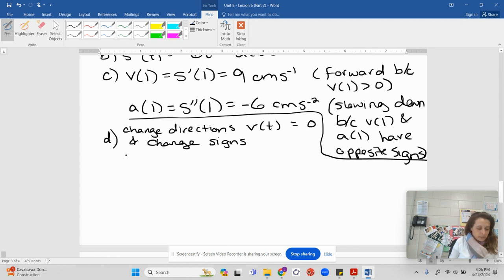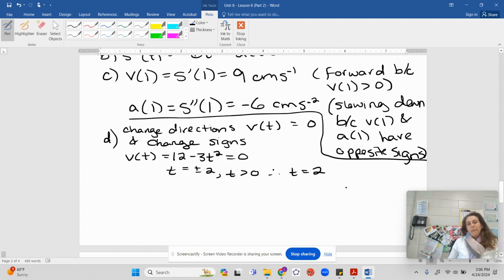So we're going to set the velocity equal to 0: 12 minus 3t squared. I'm going to skip some steps. When we set that equal to 0, we get t is equal to positive or negative 2. However, time must be greater than 0. Therefore, we only have a time of 2. To see what is actually happening at this time, let's do that sign test.